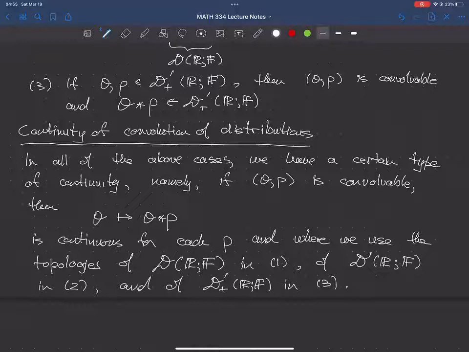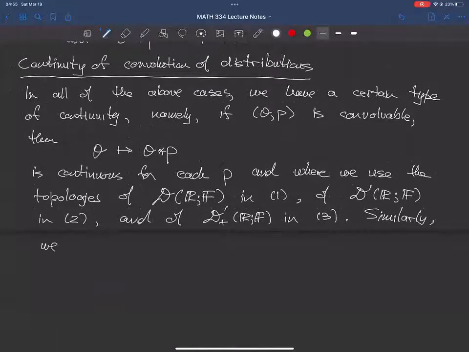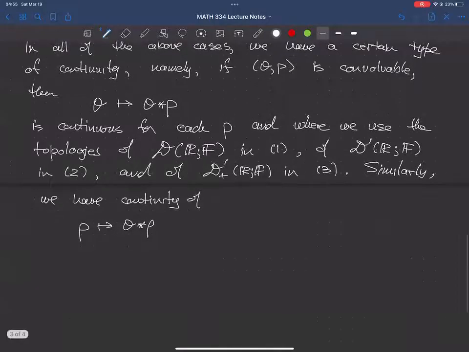Okay, and similarly, we have continuity of rho goes to theta star rho for each theta. Okay, with the suitable topologies.